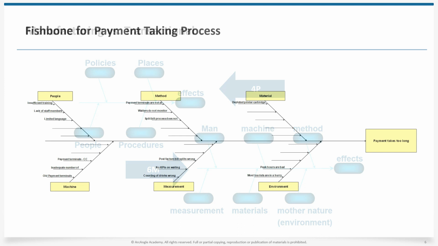However, it's important to note that alternative categories can be used based on specific process needs. For example, one alternative approach could be to focus on time, cost, quality, and safety. Another approach could be to consider customer experience, employee satisfaction, financial performance, and environmental impact.